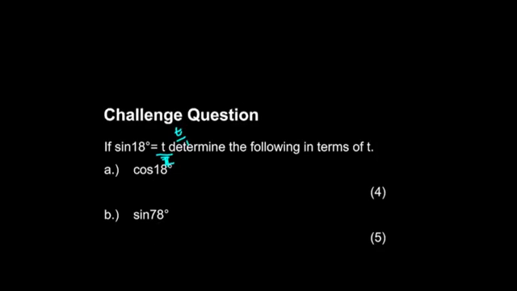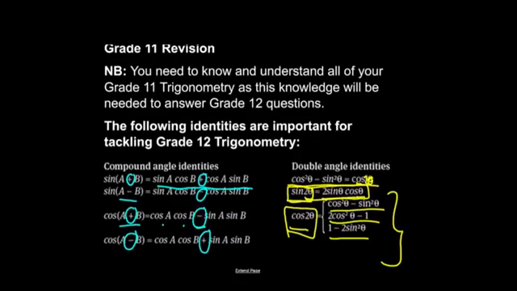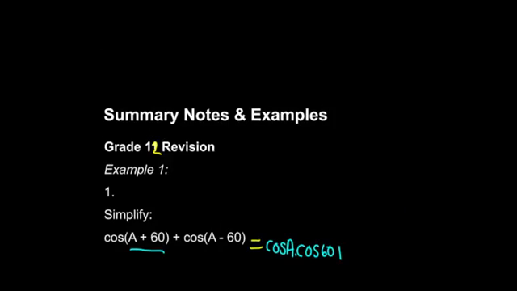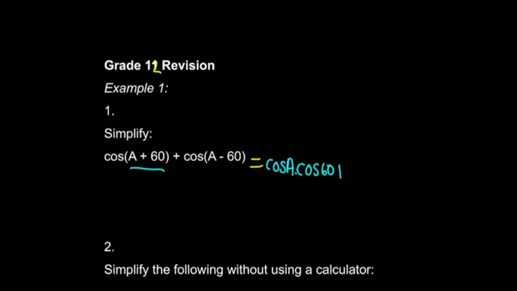If you're looking at cos A plus B, what does your expansion say? If I'm using cos A plus B, I need to change the sign between the 2 terms. So it's going to be cos A cos B minus sine A sine B. So this should be minus sine A times sine 60.